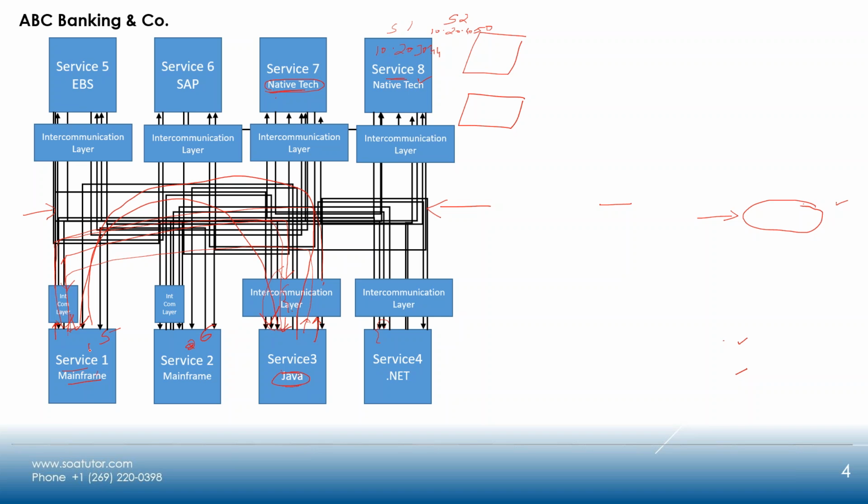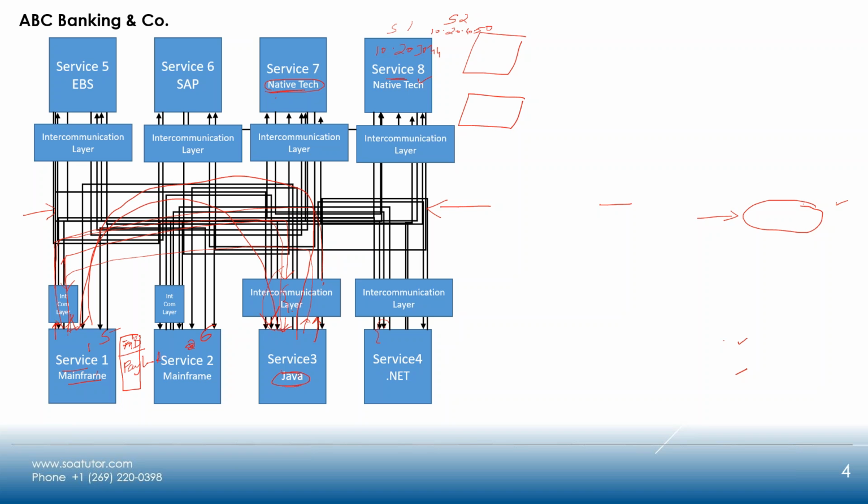Now this service 1, since it is point-to-point, how does it send the request? Every request has 2 things, right? One is the metadata and the other one is the actual payload, correct? So this metadata will basically have the address of service 8.